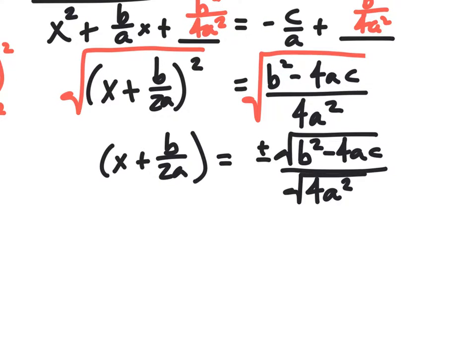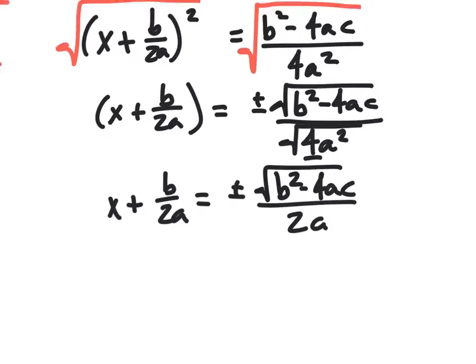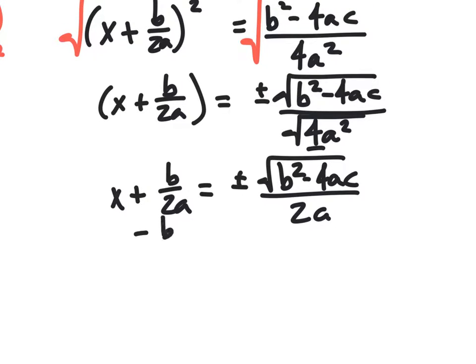Now the beautiful part about this is that I can actually take the square root of the denominator. So I get x plus b over 2a equals plus or minus the square root of b squared minus 4ac all over, the square root of 4 is 2, the square root of a squared is a. Now I subtract b over 2a from both sides.